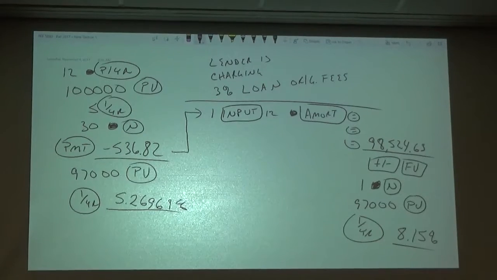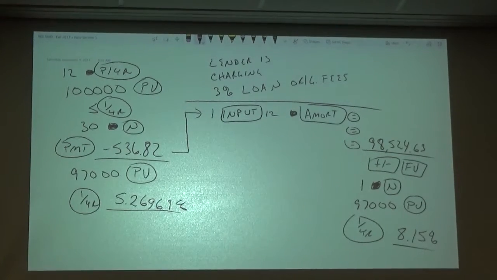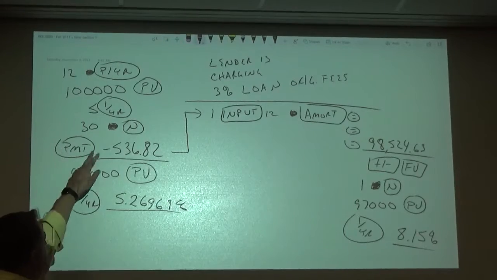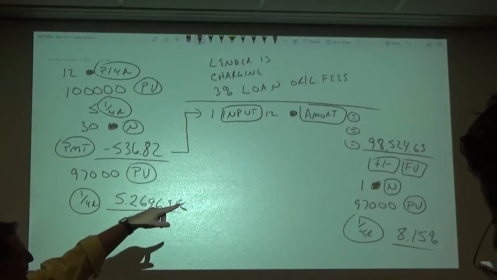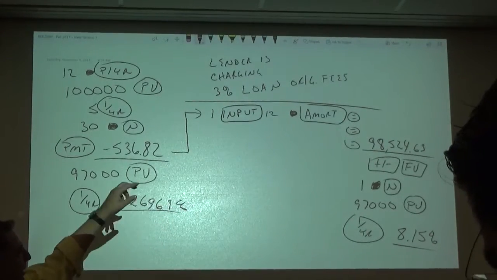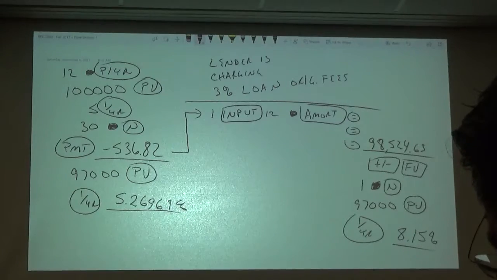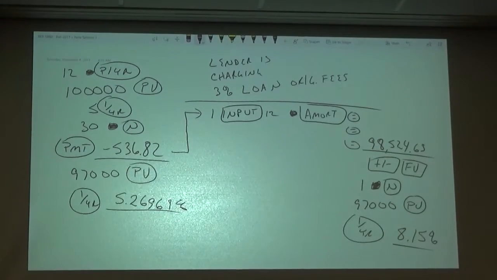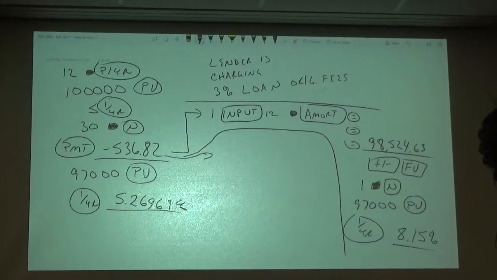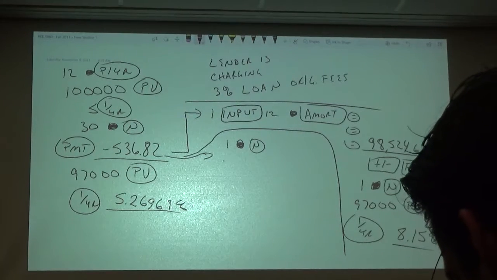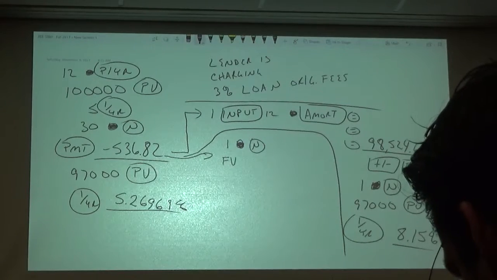What we could have done alternatively, after that step, we could have said, okay, this is going to be for 1 year, and we need to solve for future value.